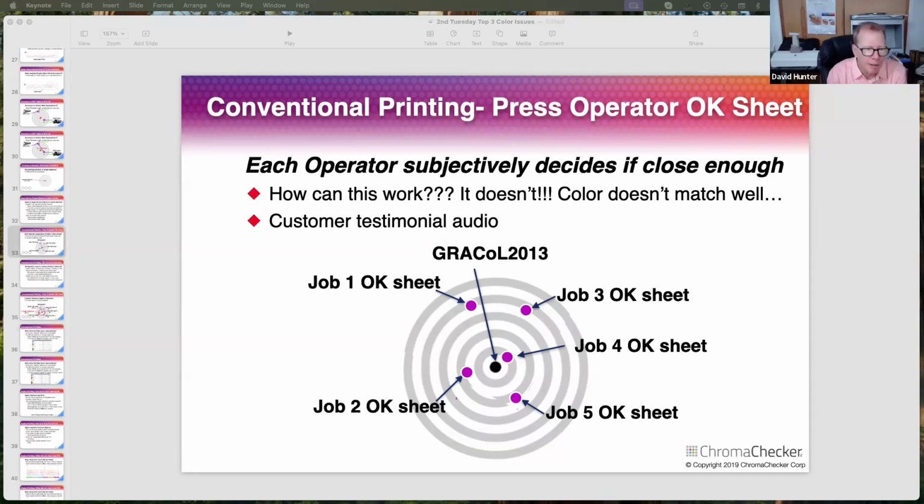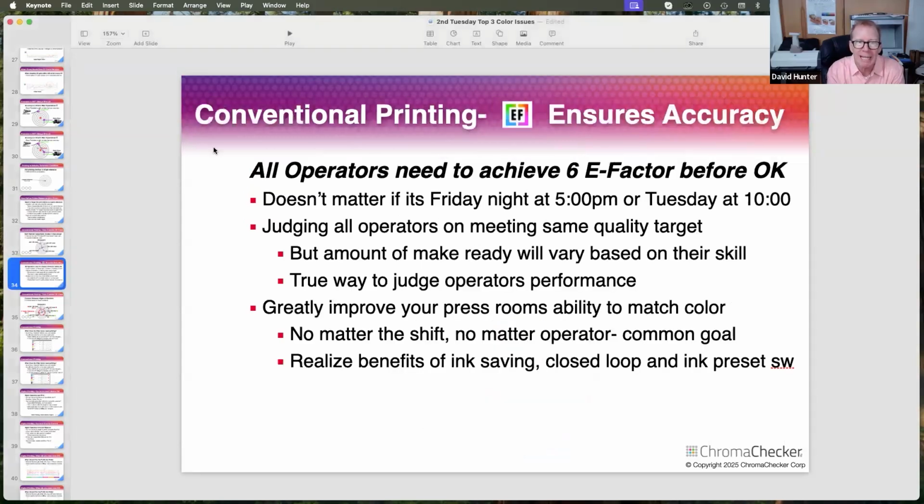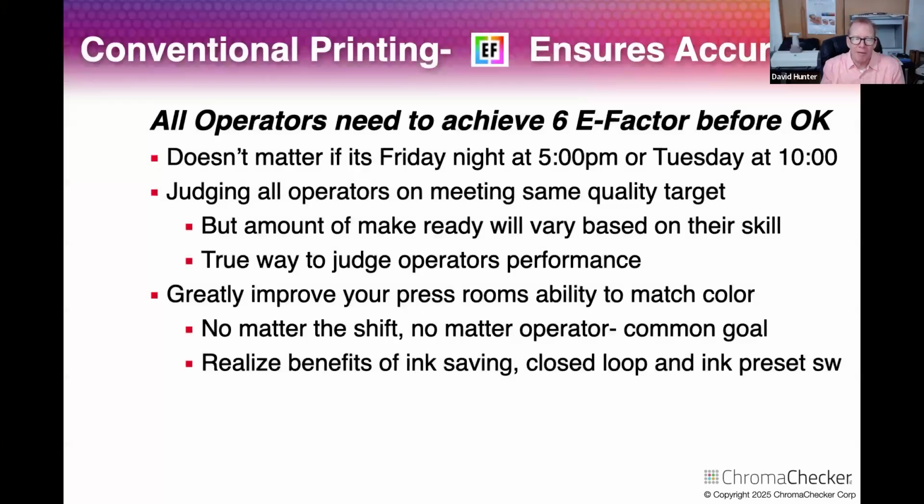So here, that's a key thing that I'm just shocked to this day, that depending upon the time of day, depending upon what the press operator has going on, they can just choose an OK sheet at any time. And then every operator has different expectations of what's an OK sheet. So now all the operators are delivering different levels of quality for your shop.